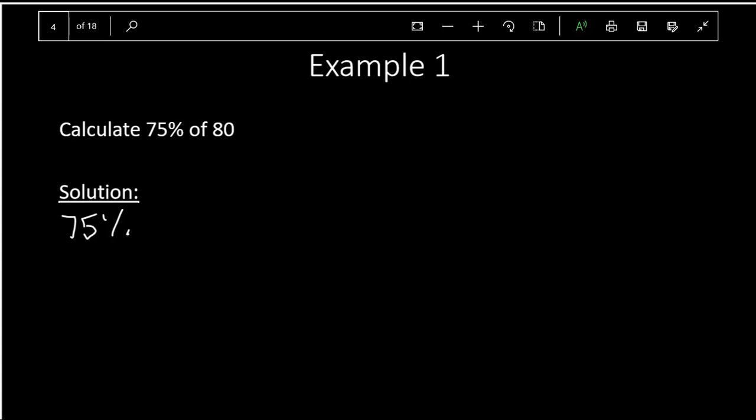One way that you could do that, as an in-between step, is I would first make it into a fraction. So we know 75% is 75 over 100. If you plug that into your calculator, you're going to get 0.75.